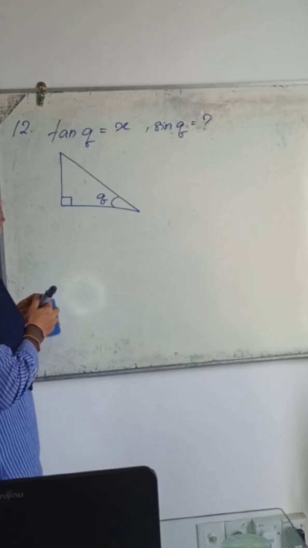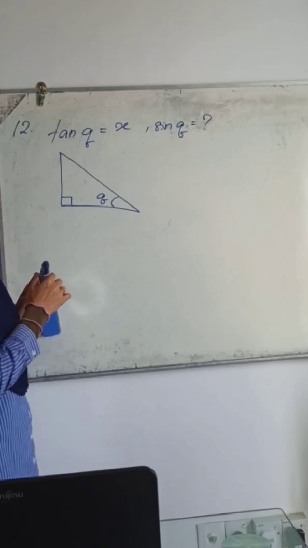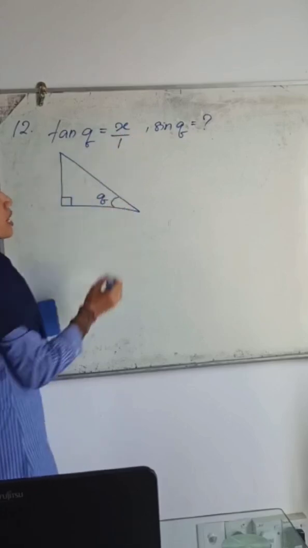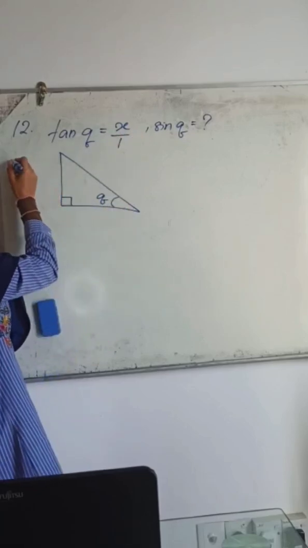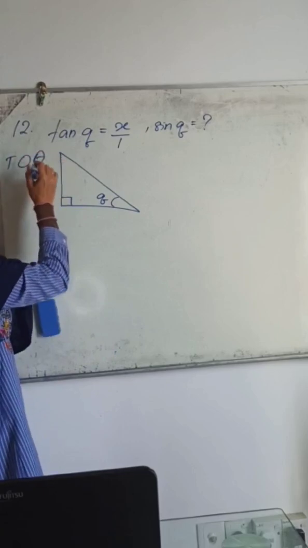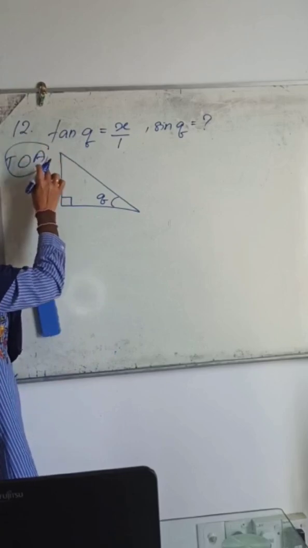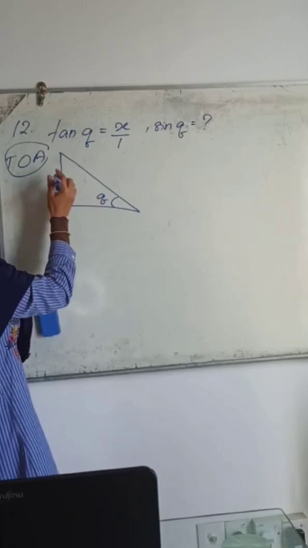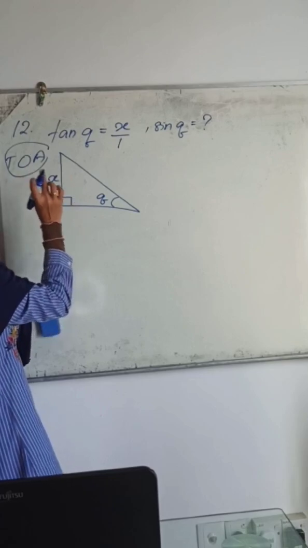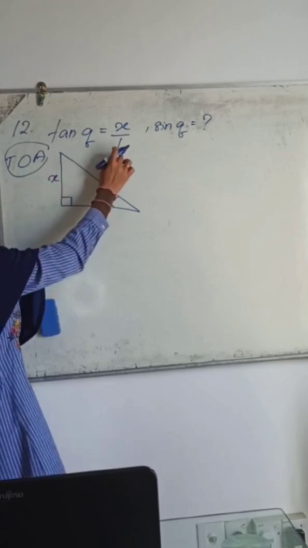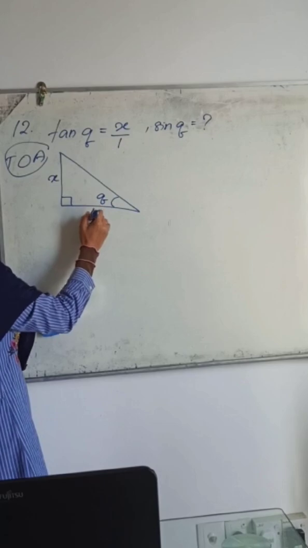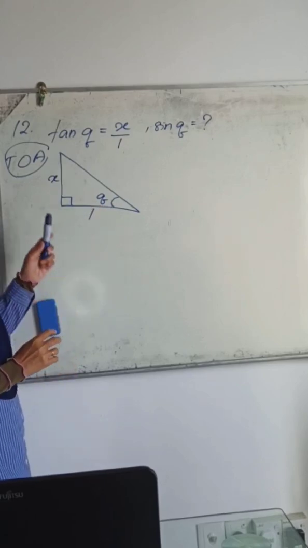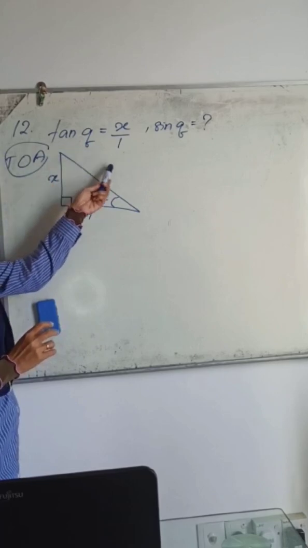Tangent Q is equal to x, which means x per 1. Tangent is opposite per adjacent. So opposite is x, adjacent is 1. So we can find two sides from tangent Q equals x.